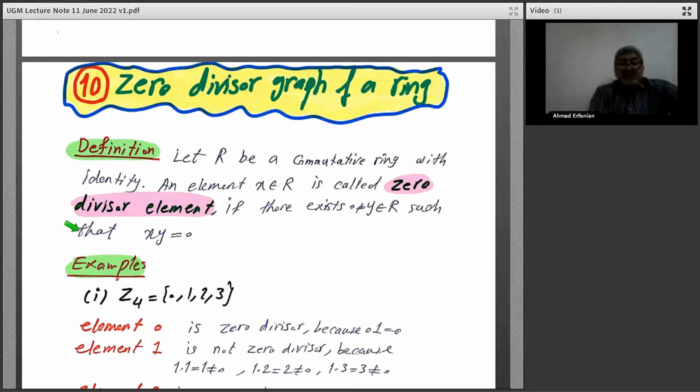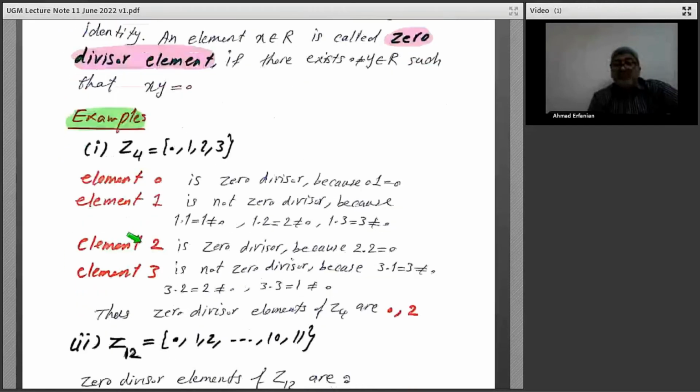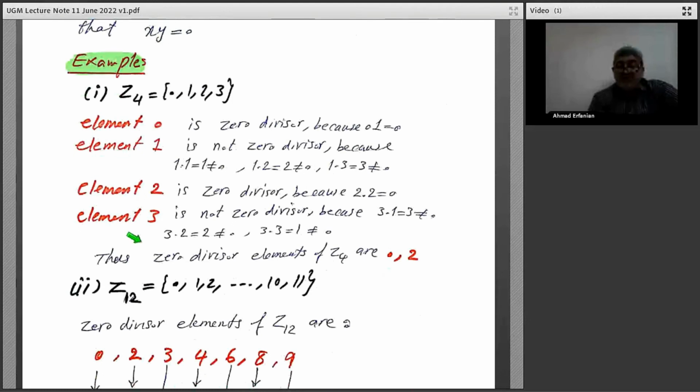First of all, see the definition of zero divisor elements. Suppose that R is a commutative ring with identity, and an element X in ring R is called a zero divisor if there exists a non-zero element Y in R such that XY is 0.